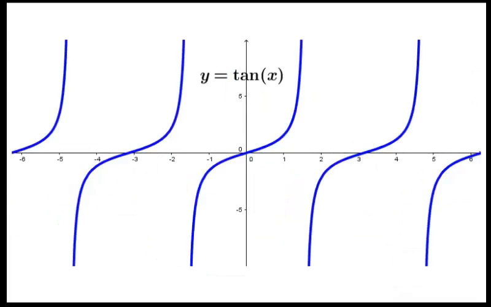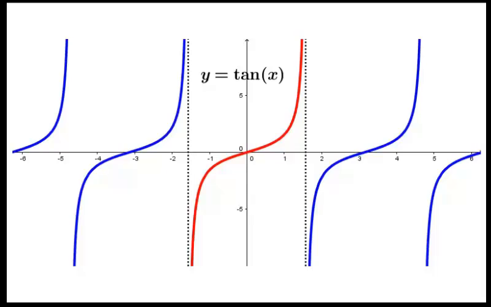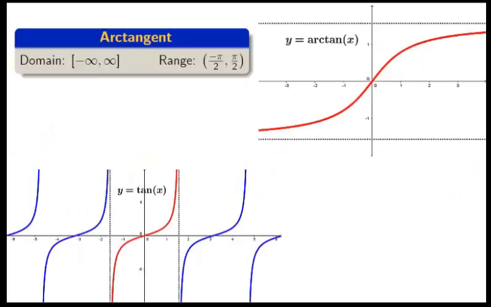And finally, take a look at the graph of tangent. We choose the largest continuous piece closest to 0 that will pass the horizontal line test, and we restrict the domain to it. So arctangent is defined for all values -∞ to +∞, and has the range -pi/2 to +pi/2. It is continuous at all points, and it has the horizontal asymptotes y = pi/2 and y = -pi/2.